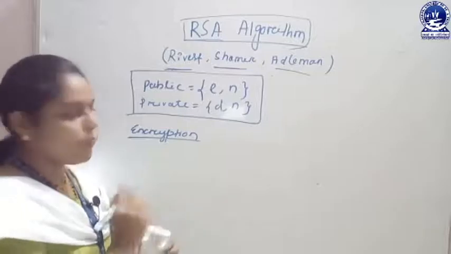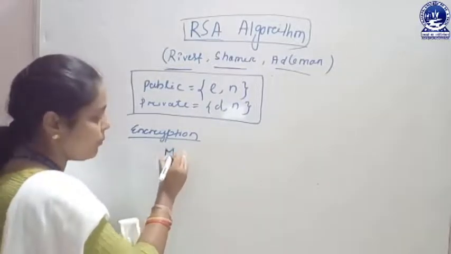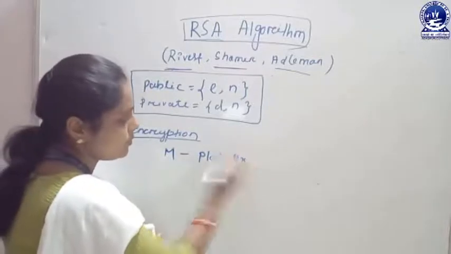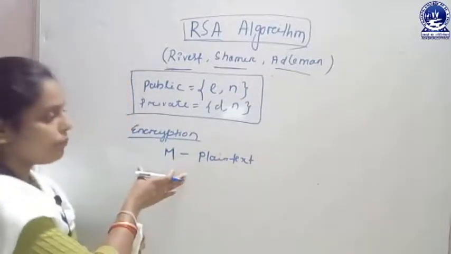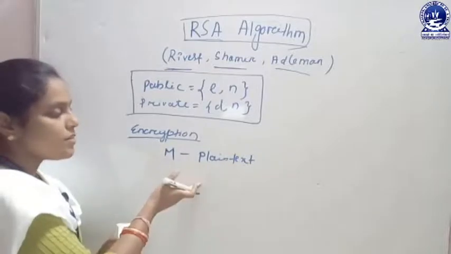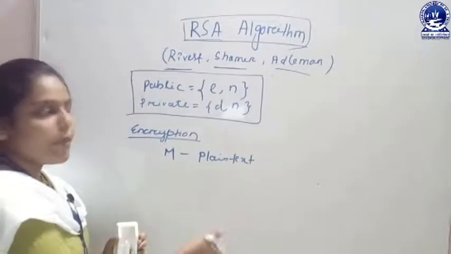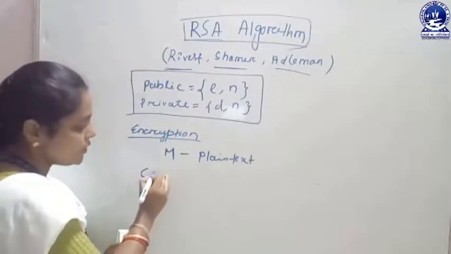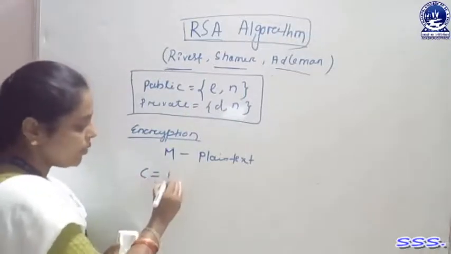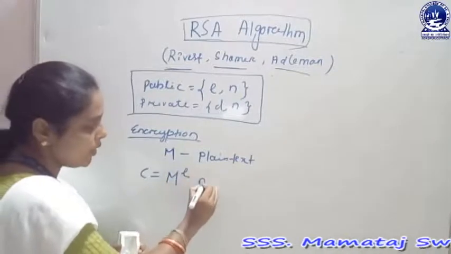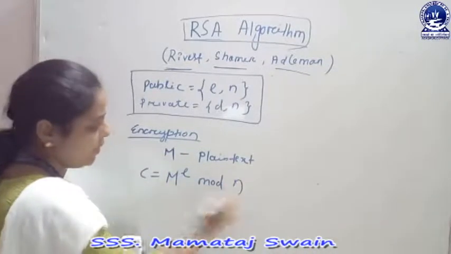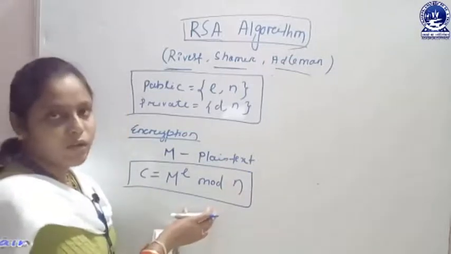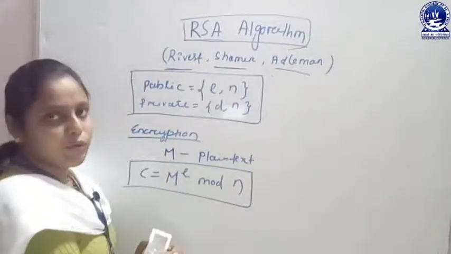Suppose here our plain text is M. Now we convert this plain text into ciphertext by using this key pair. That means our ciphertext C is equal to M to the power E mod N. This is our encryption algorithm in the RSA algorithm.